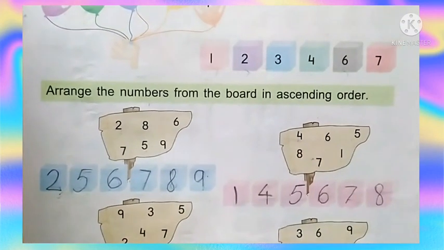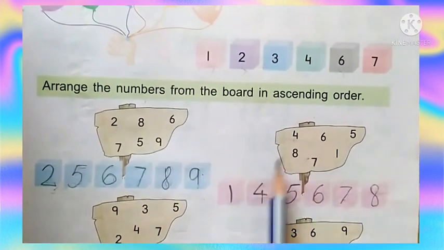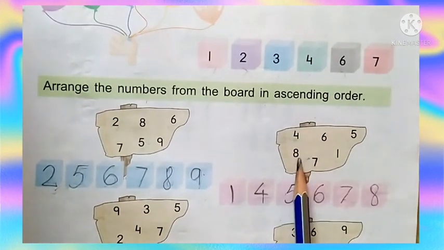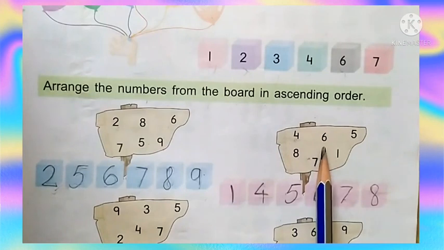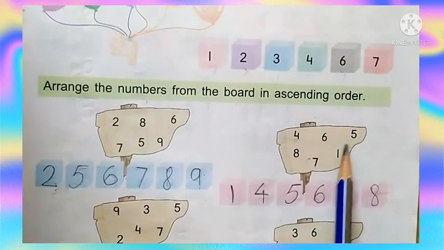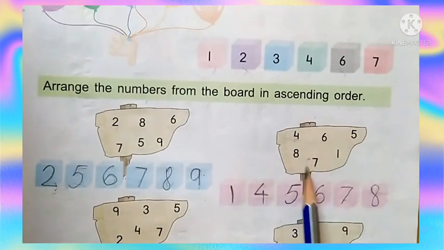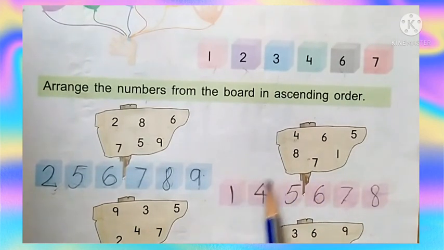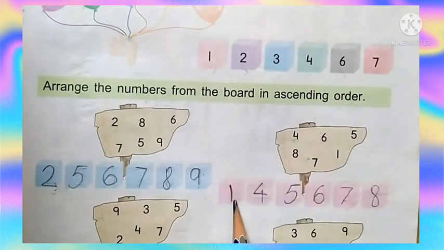Let's see the next. Look at this. In this board written here 4, 8, 7, 6, 1 and 5. So we will arrange these numbers also in small to big order. Now, the smallest number is 1.